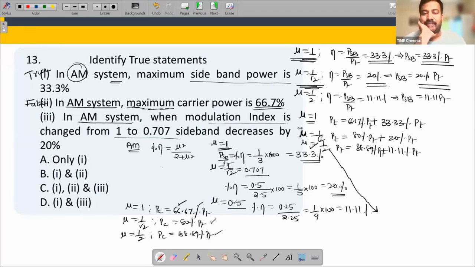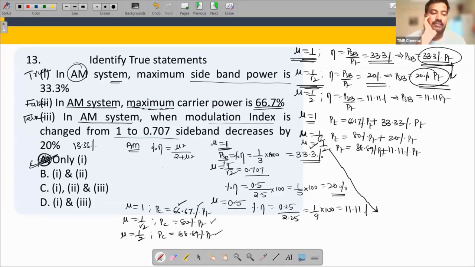It decreases by 20% is wrong. Decreases to 20%, correct. Or if you want to use decreases by, then it decreases by 13.33%, because from 33.3% it went down to 20. So there's a small trick in the statement. So this is also false.